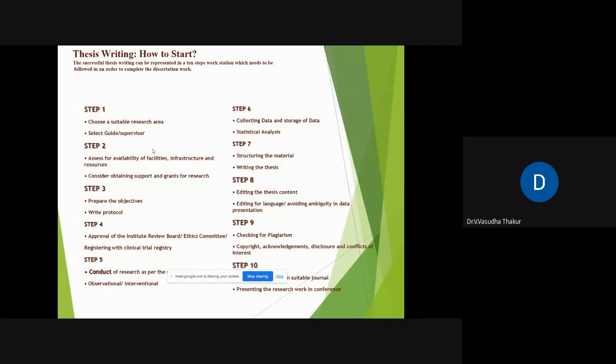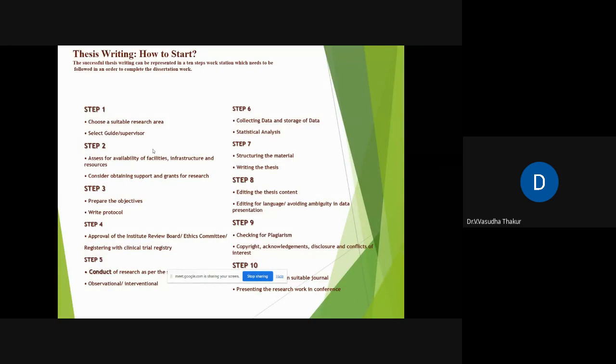And then you move on to step 7, where you structure the whole material. Finally, there comes a stage where you have to sit and write, methodologically, the complete work which has been compiled by you. This is the time where you should know the format of the thesis and how to present it.